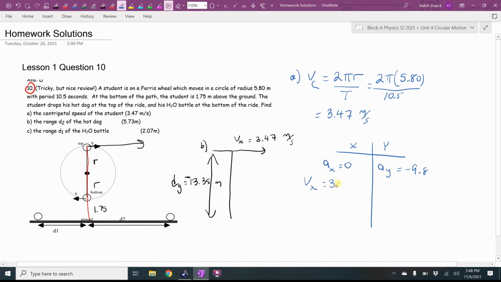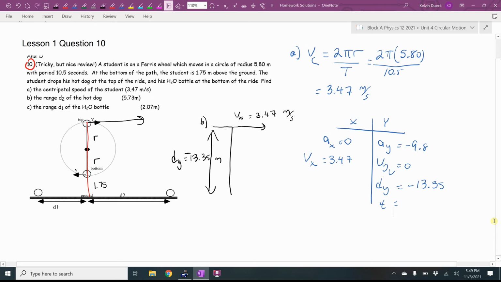Vx is 3.47. Vy initial is 0. Dy is negative 13.35. I can find time from this. And then once I find time vertically, I'll walk over to the horizontal column and find that.